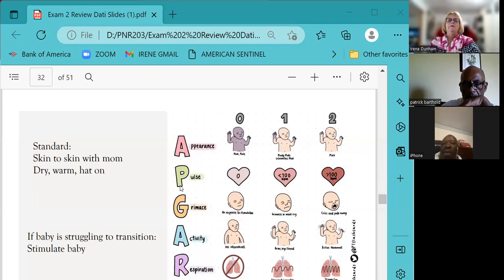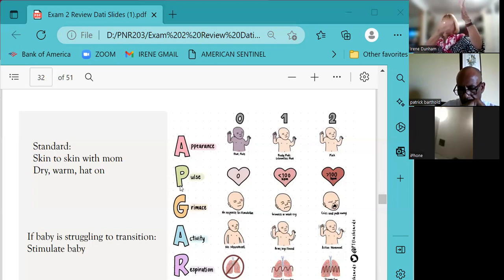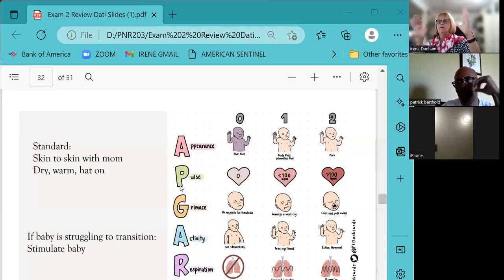Now, G is for grimace. That means, is my baby responding to me? So if you have no response to stimulation, you know what I used to do? I used to take my finger, here's his little foot, and flick my finger on his foot to get a response. If I do that and there's no response, like he doesn't pull back on anything, it's a 0.